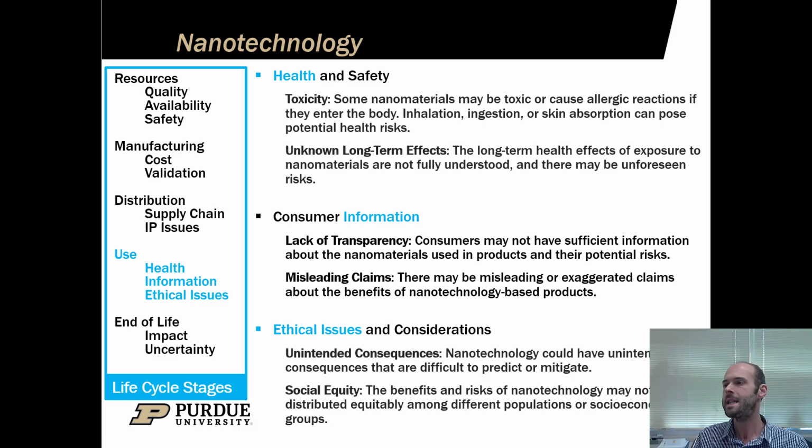We could have unintended consequences, or they get evaporated and spread by the rain across the land into other areas and our food sources and things like that. So knowing where the products go at the end of their life is also key. But during use, toxicity and long-term effects are obviously medically relevant concerns that we see in a lot of current products.